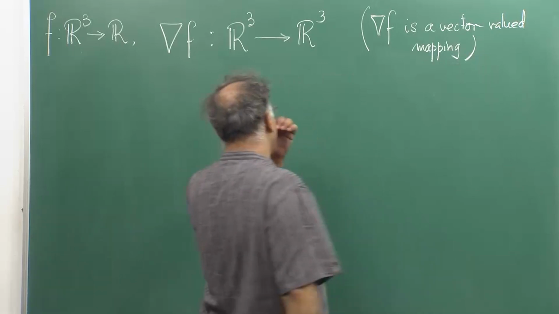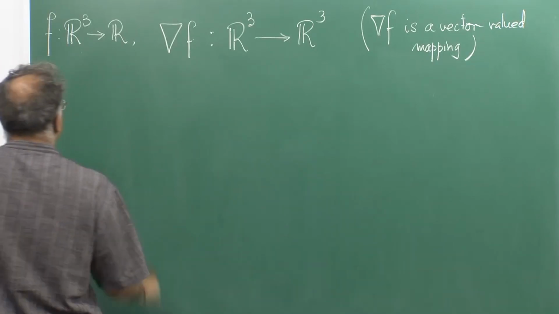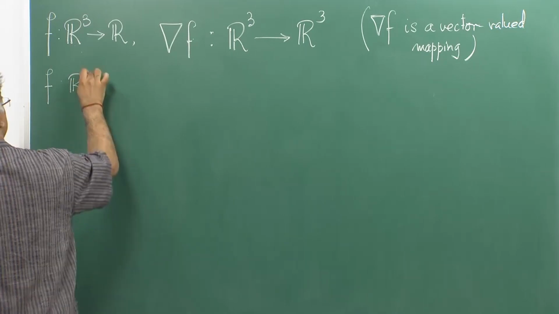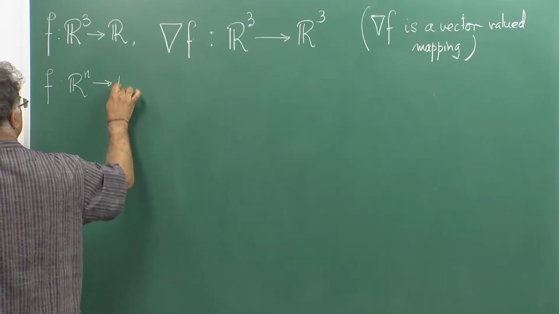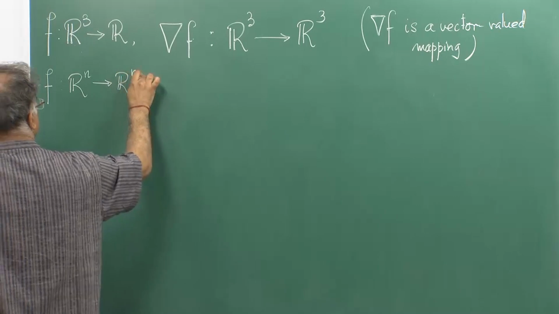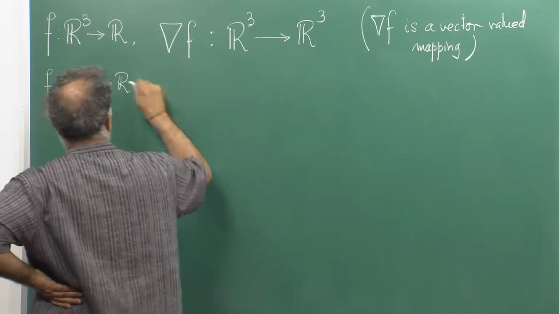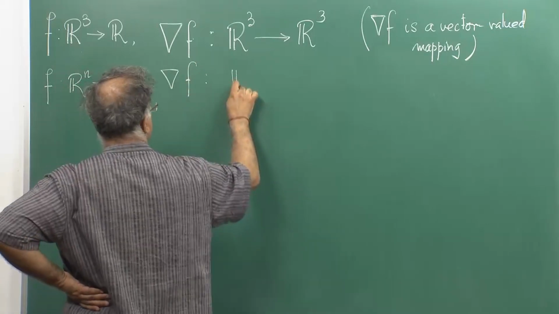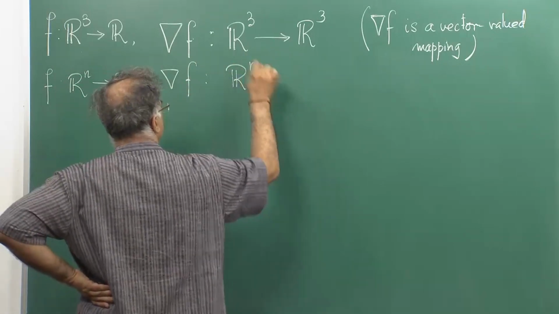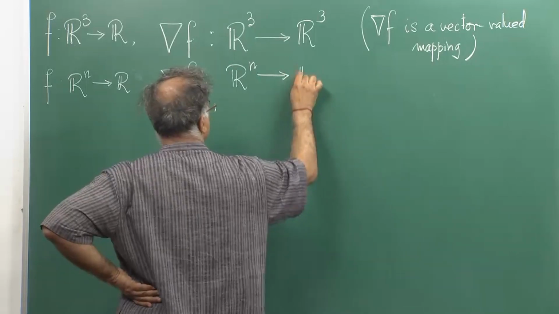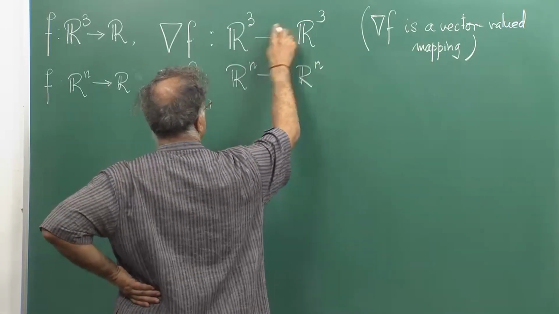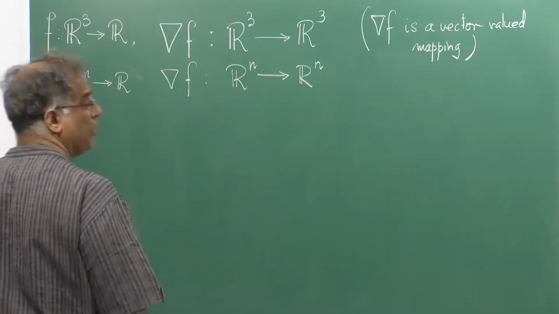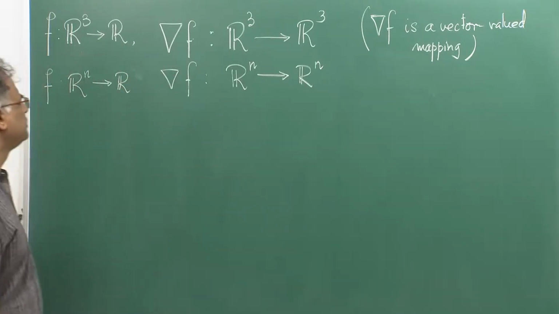So, in general, if f is from Rn to R, then grad of f, the gradient vector, is also a mapping from Rn to Rn. The interesting part is that the domain and the codomain of this mapping are same.